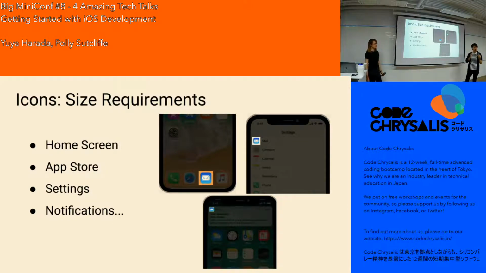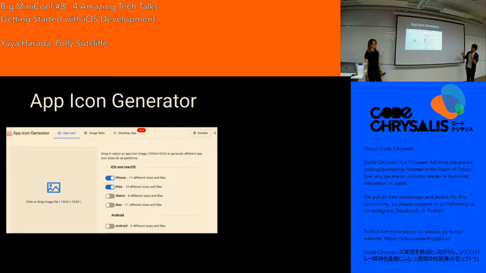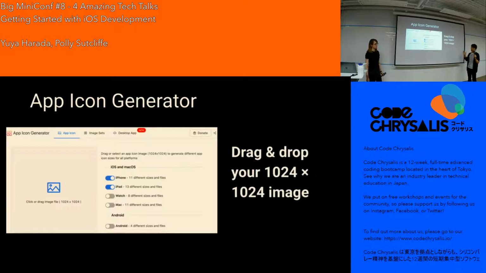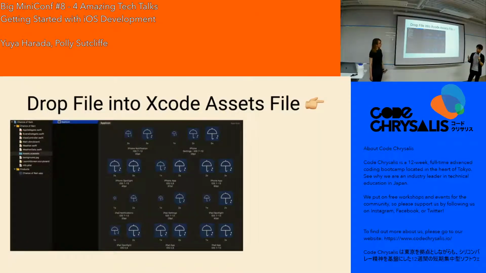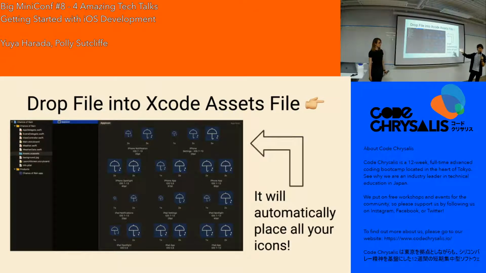So I can also recommend another website, which is an app icon generator. If you go to this and simply drag and drop your 1024 by 1024 image in, those different sized icons are auto-generated. All you need to do is grab the file and drop it into your Xcode project, and ta-da, you will get different sized icons.